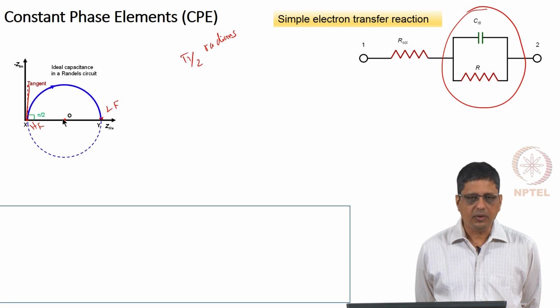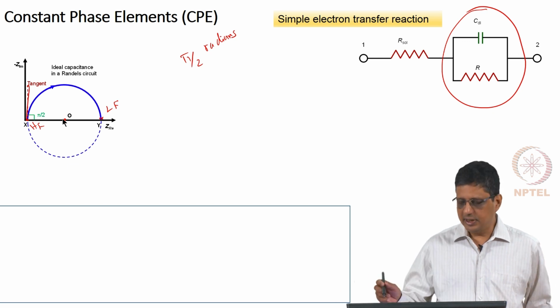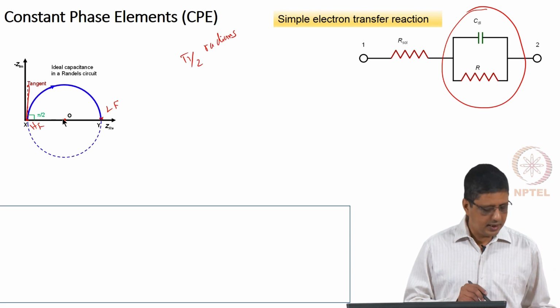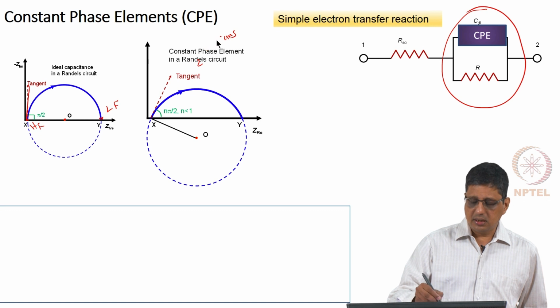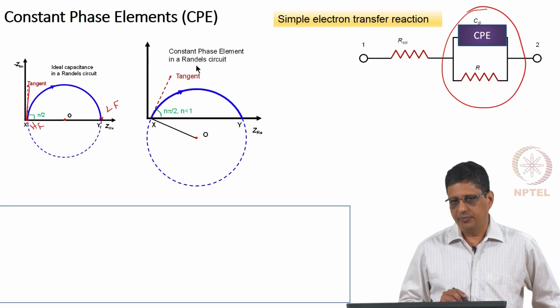Okay. But often when we do experiments, we find that even if you take a very simple reaction, we do not get a real semicircle. Instead, what we get is only a smaller part of a circle.